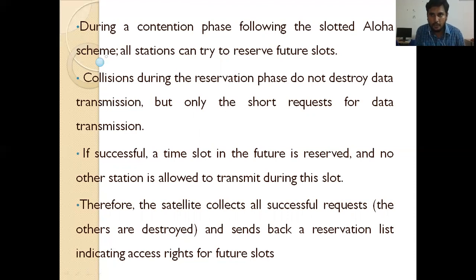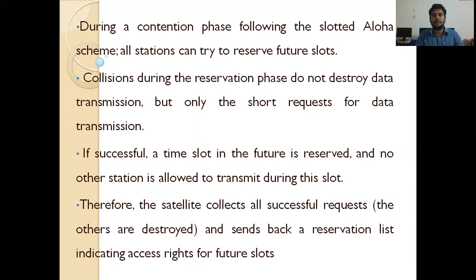For example, if you want to travel in a train, a bus, or a flight, first you reserve one particular seat. No other person has access to use that particular seat, whether you are there or not, because that seat is allocated to you once you have reserved it.